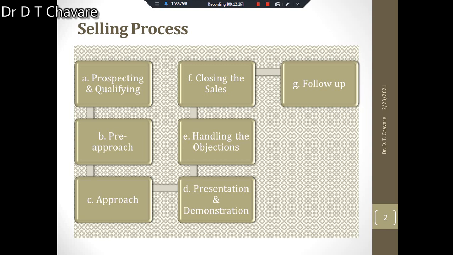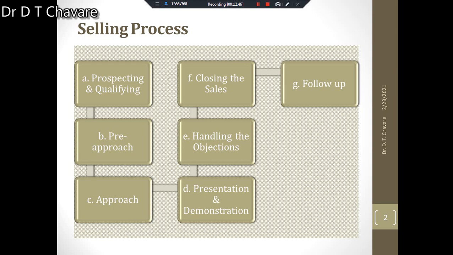Action always speaks louder than words. Always and always. On these points, your presentation and demonstration will be effective or ineffective.